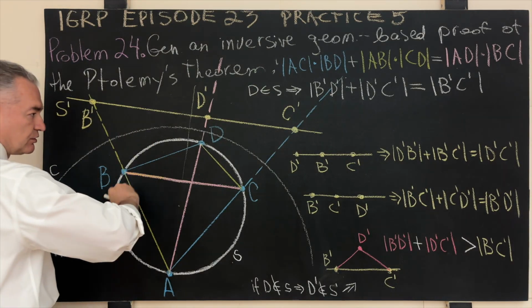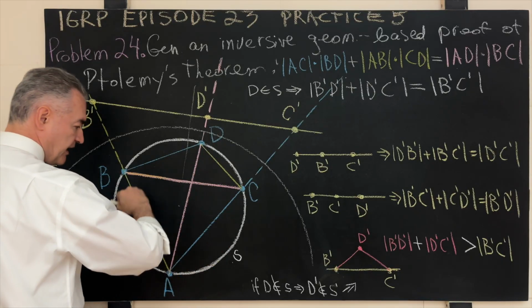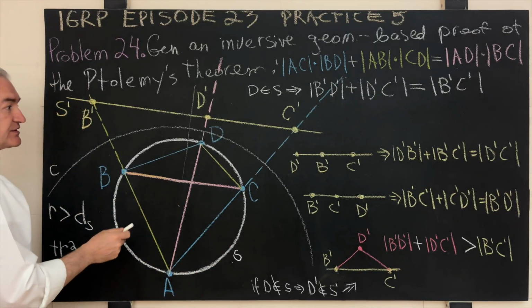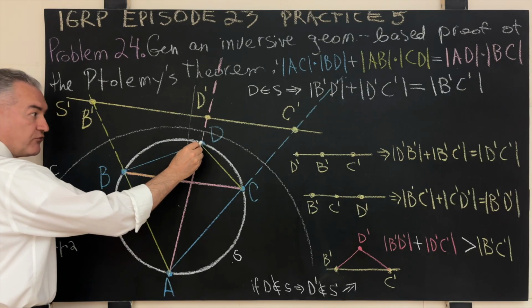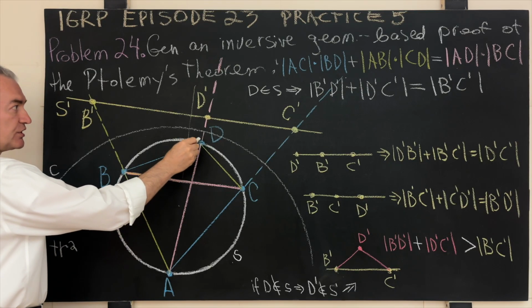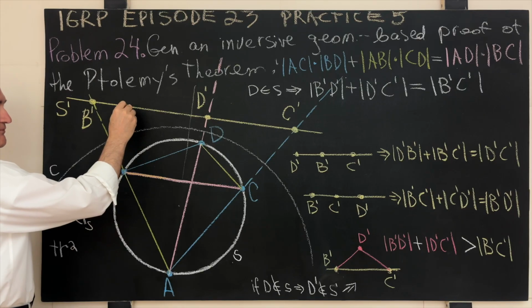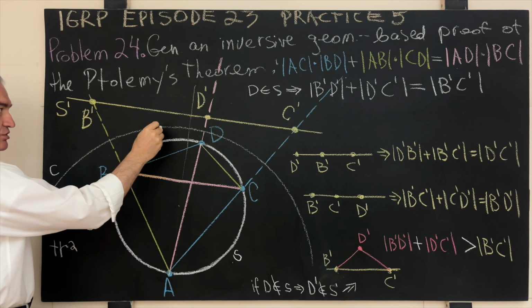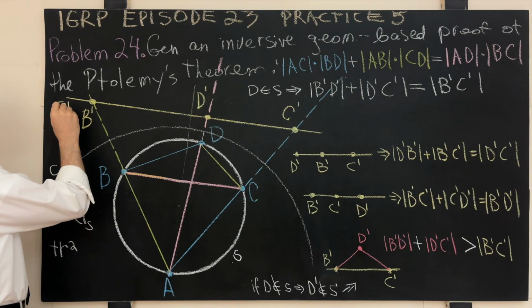It can travel along the circle S, the parent circle S, and that means that if the fourth point D is on the circle, it will somehow travel along the image of that circle under the chosen inversion, along the straight line S prime.